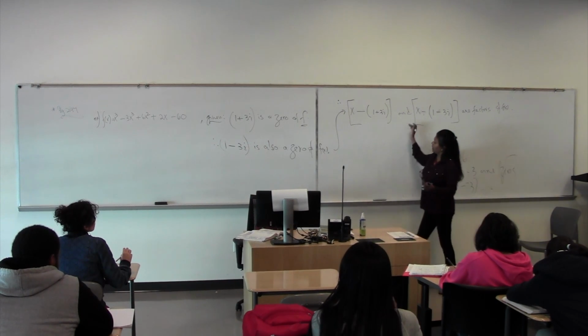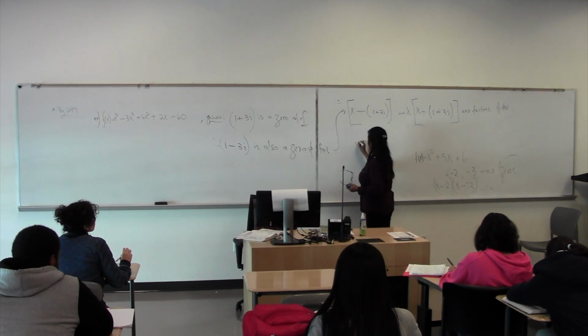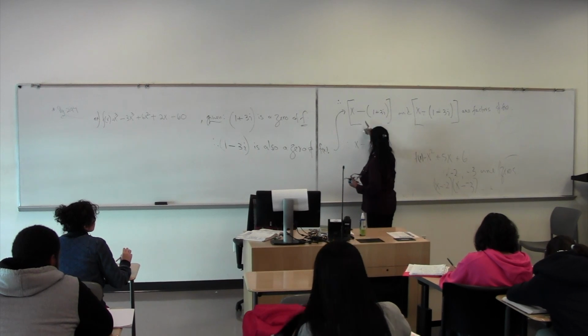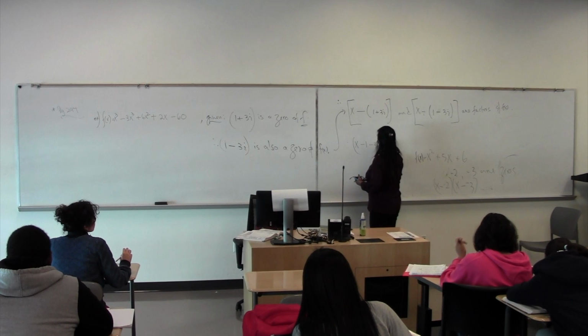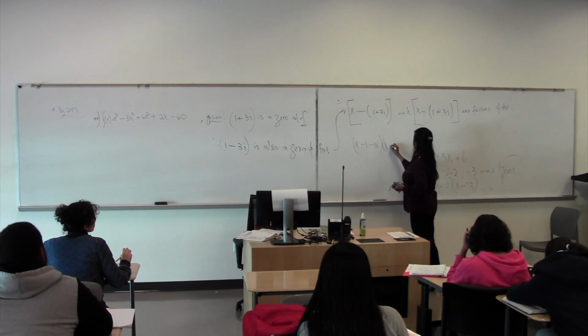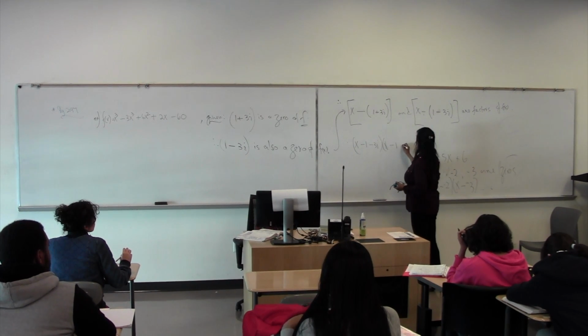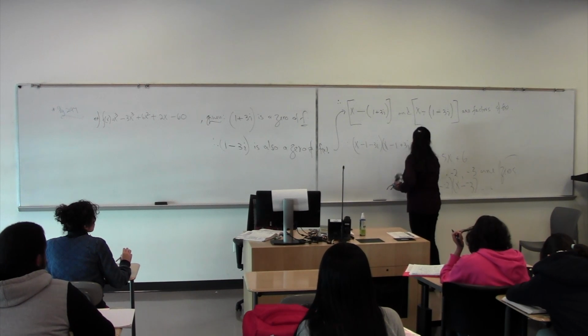So now we can say, because these are factors, x minus 1 minus 3i times x minus 1 plus 3i.